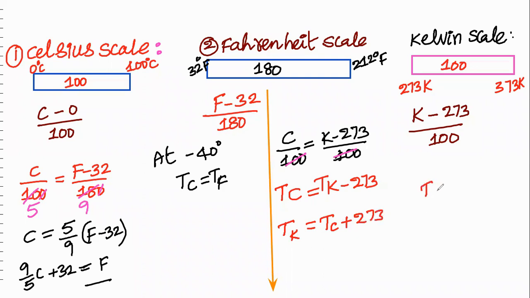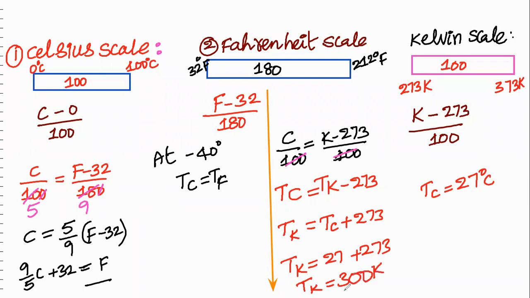Let us suppose the temperature on the Celsius scale is 27 degrees centigrade. Then the temperature on the Kelvin scale is 27 plus 273, so it is 300 kelvins. These are the relations. We can also compare the Fahrenheit scale and the Kelvin scale.